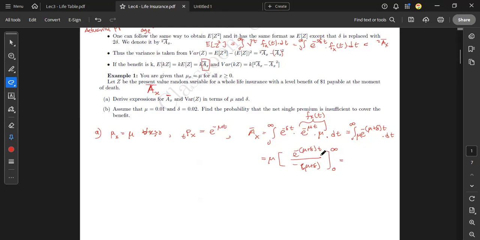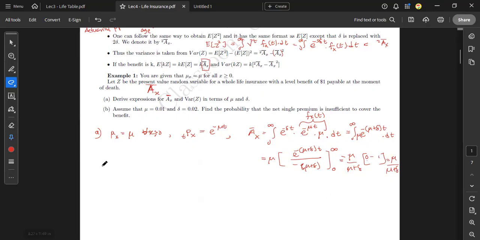And if the exponent is at 0, the exponential value is 1. So I can simplify this like this. So mu over mu plus delta, and 0 minus 1. And since we had a minus in here, if I take it out, the final answer will be mu over mu plus delta.